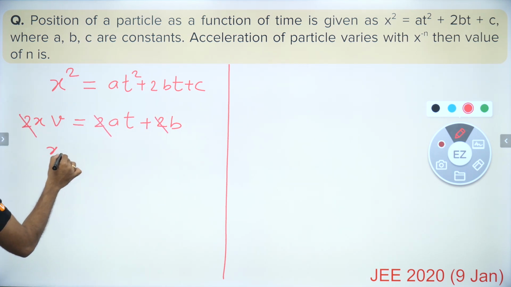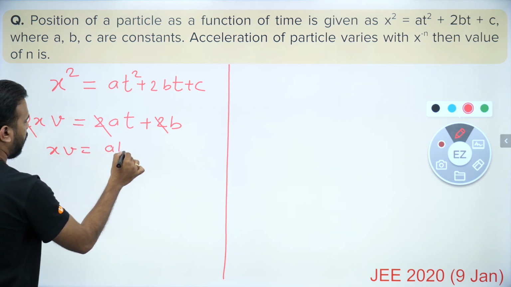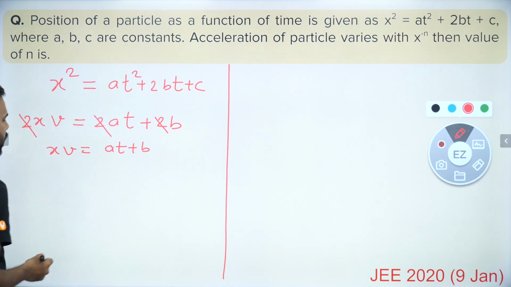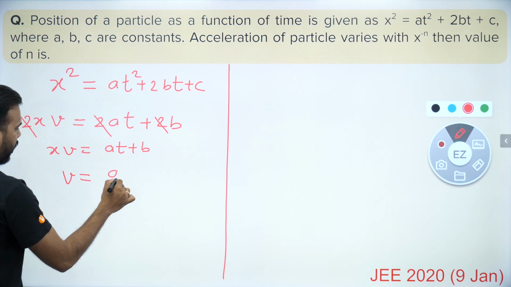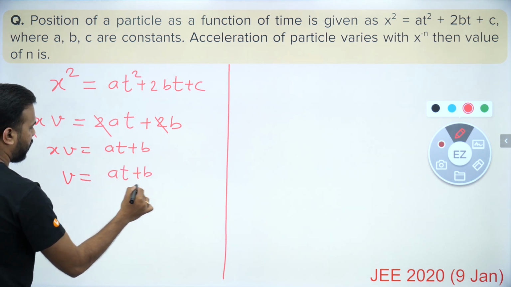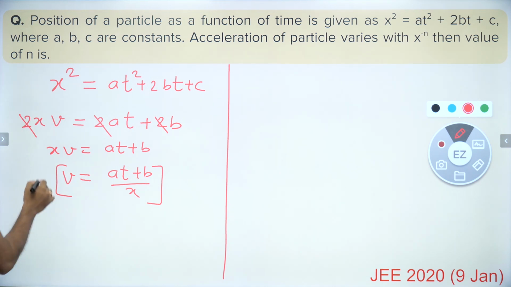That means we have xv equal to at plus b. Okay guys, from here we may require the value of v, so that will be at plus b by x.